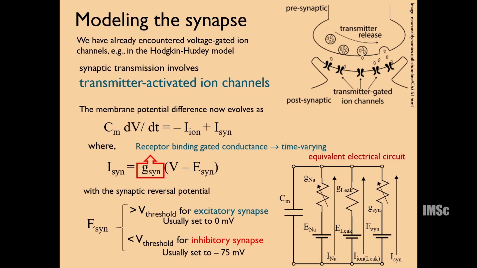It is what decides whether a synapse is excitatory or inhibitory. Depending upon its value, if it is, for example, 0 millivolt, it will behave as an excitatory synapse. If it is set to some large negative value like minus 75 millivolt, it will behave as an inhibitory synapse. So if you want to model an excitatory or inhibitory synapse, all you have to do is change the synaptic reversal potential.